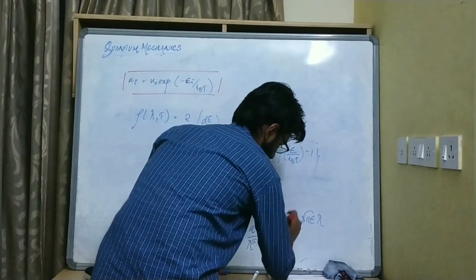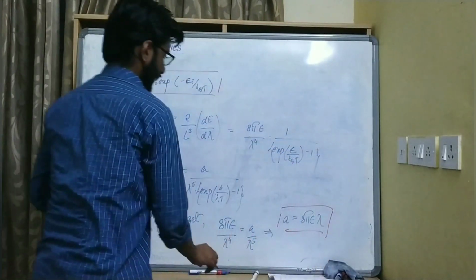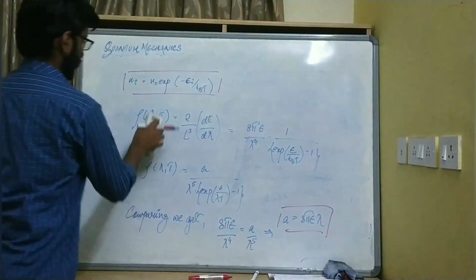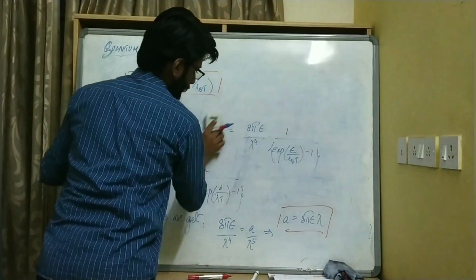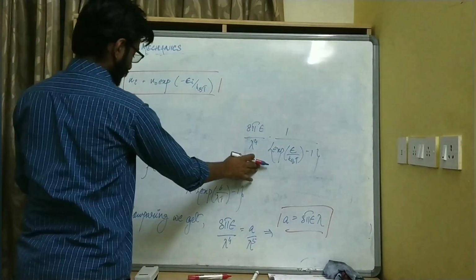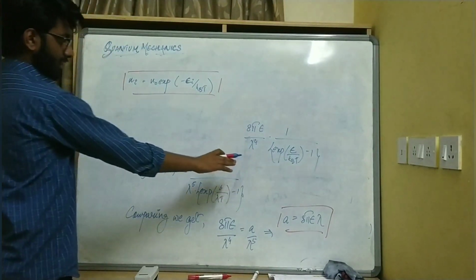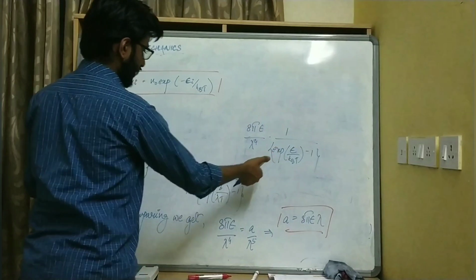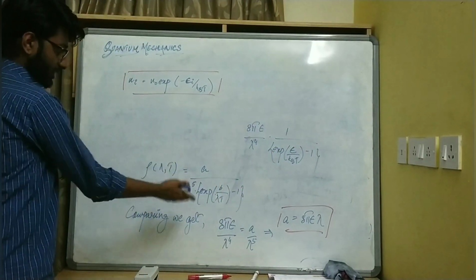And this is an expression for A. Similarly, we can get an expression for B as well, because this is the expression for the average energy density in terms of lambda and T, and this is the generalized expression.